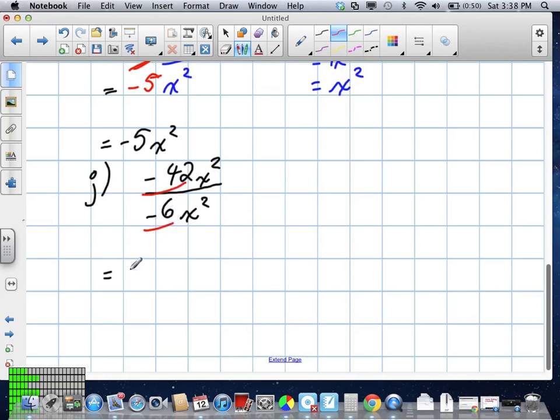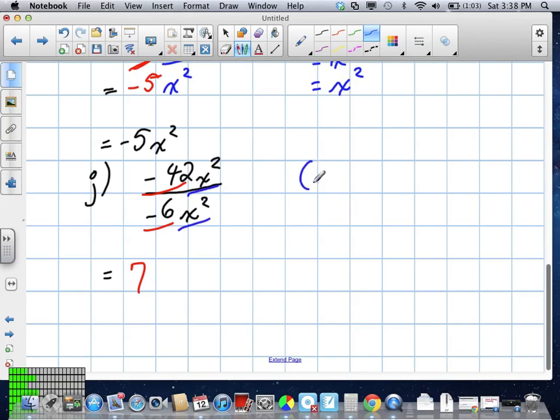Yeah. What are you going to get? It's a negative and a negative, so we'll get a positive. Yep. 42 divided by 6. So you just calculate? Yeah. 42 divided by 6, 7. Yep.